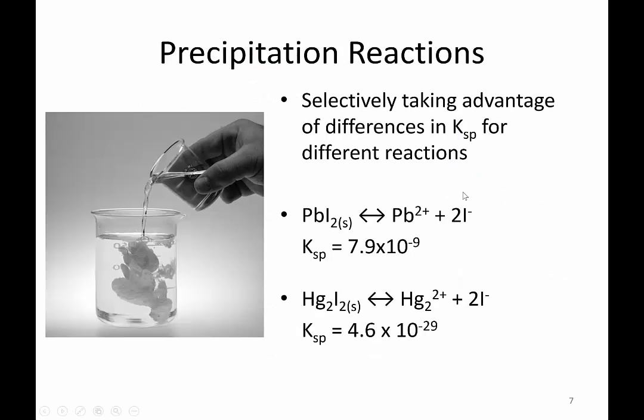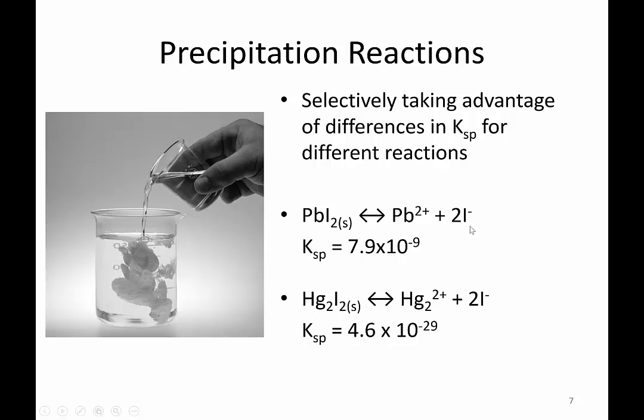All right, for precipitation reactions, you can selectively take advantage of differences in your solubility product equilibrium constant for different types of reactions. So for instance, the Ksp for lead iodide is much greater than the Ksp for mercury iodide.